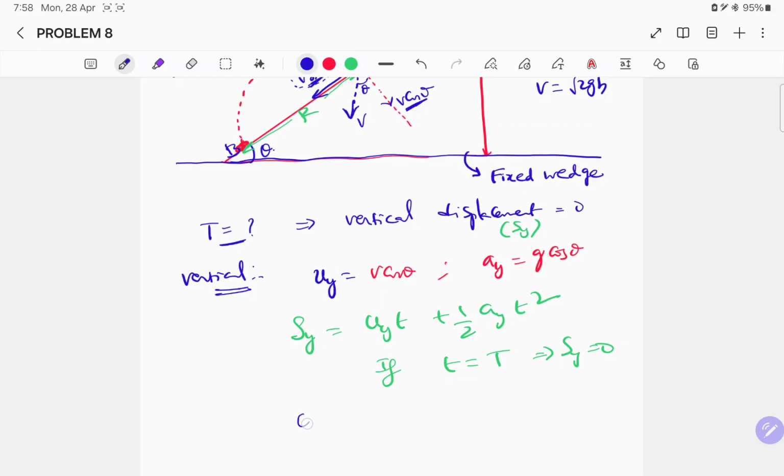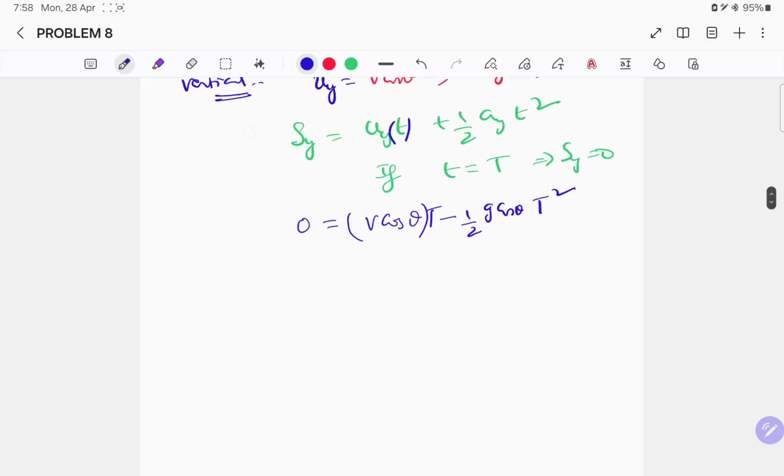So I can say here 0 is equal to V cos theta into t, capital T, minus half g cos theta t square. Okay, so V cos theta into t equals half g cos theta t square.